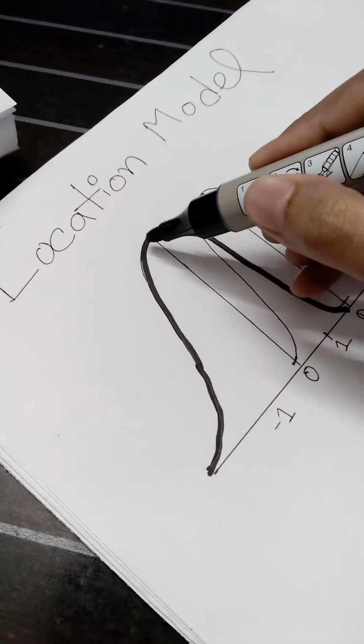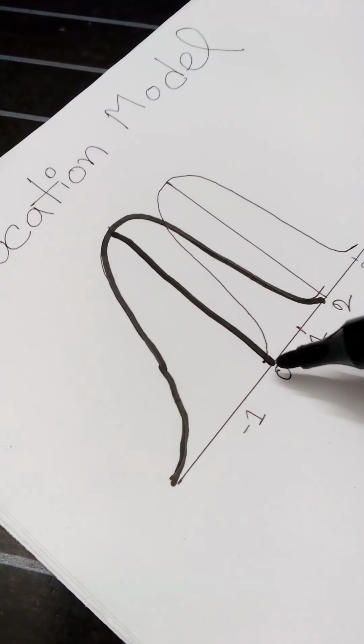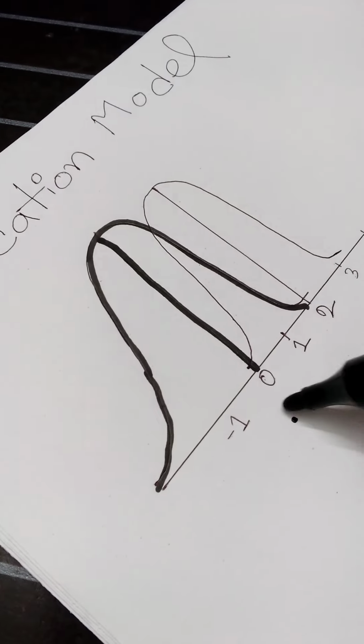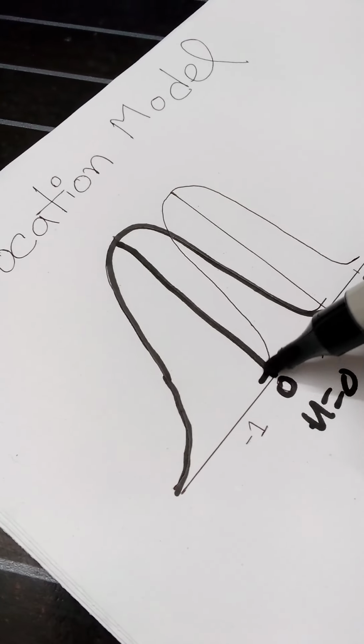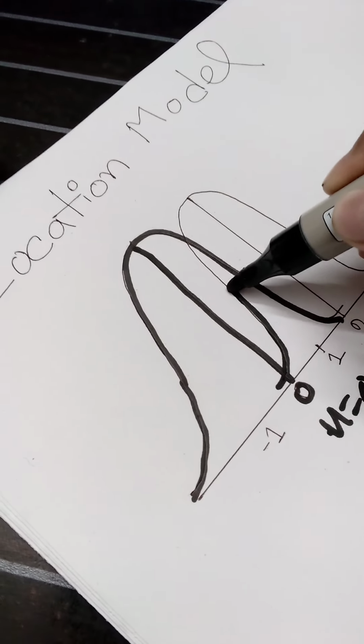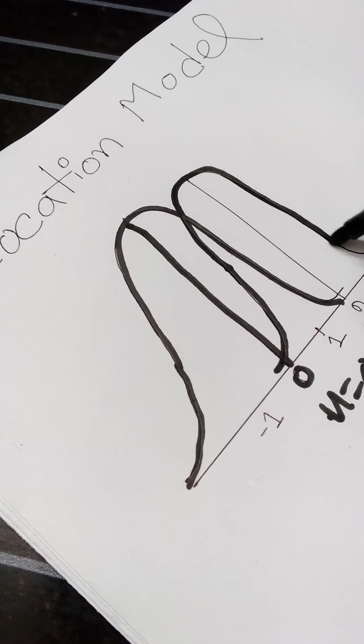This is the standardized normal, and here the mean for this graph is mu equal to 0. You can see that 0 here. And we will introduce a location parameter for this graph.